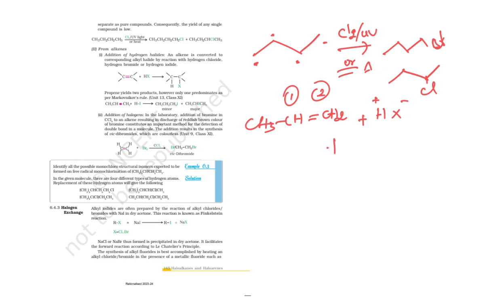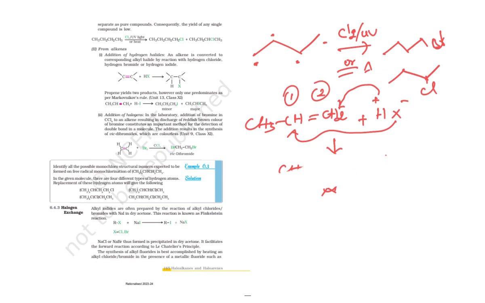According to Markovnikov rule, the positive part goes to the carbon of the alkene which has more hydrogens, and the negative part goes to the one which has fewer hydrogens. So what is the product it is going to form? It is going to form 2-halopropane.